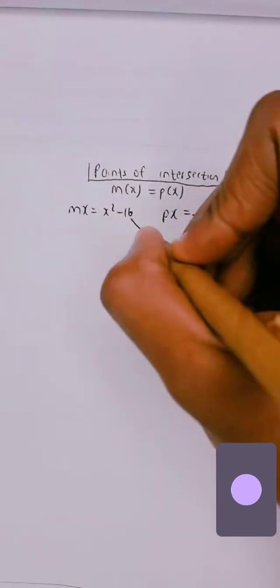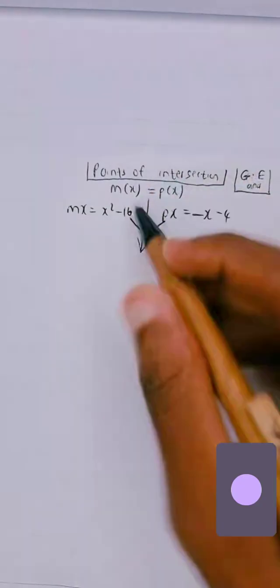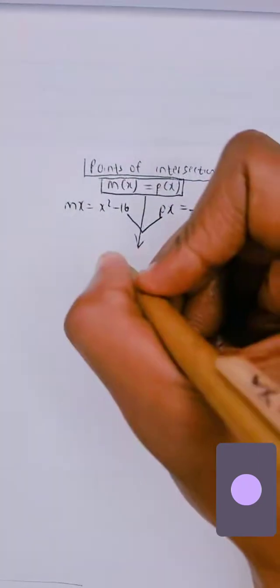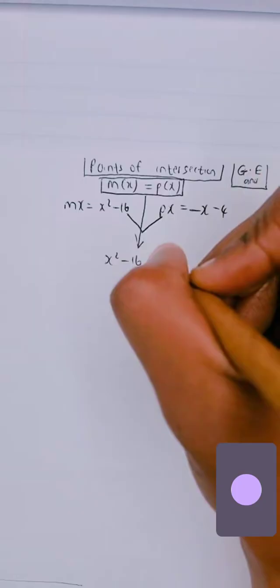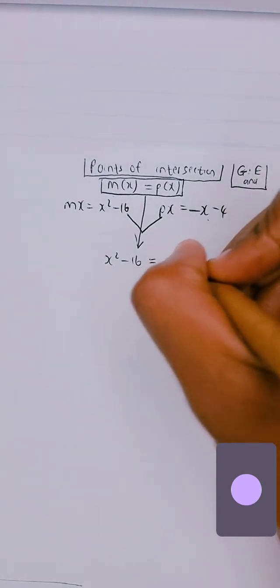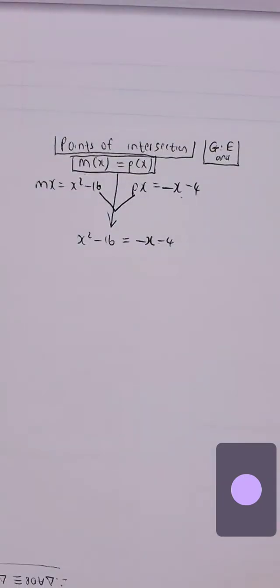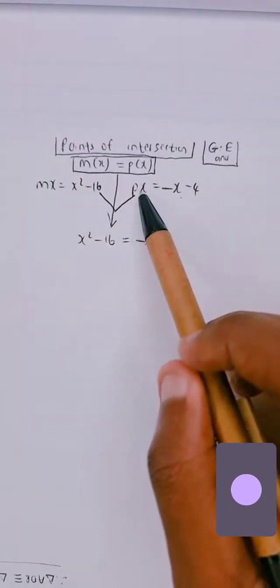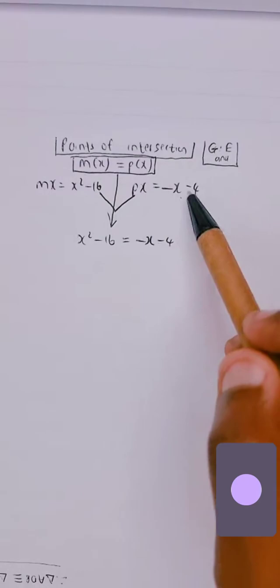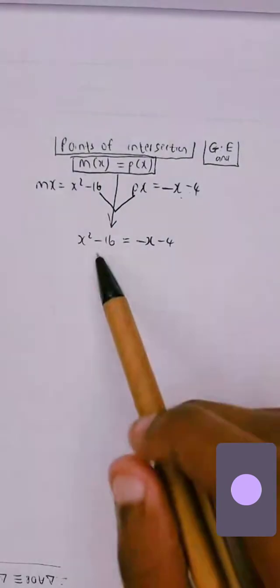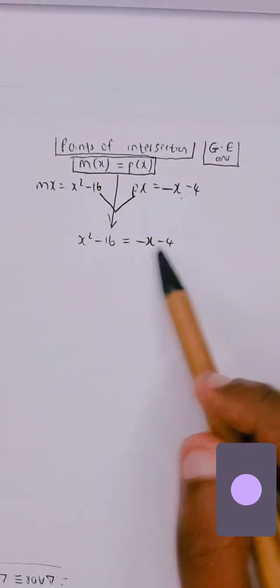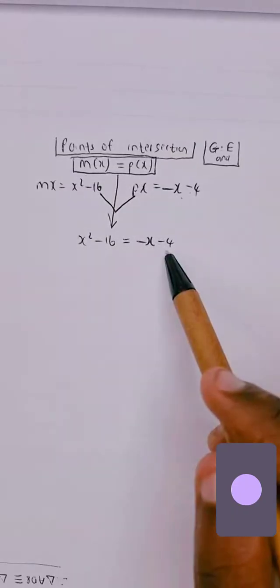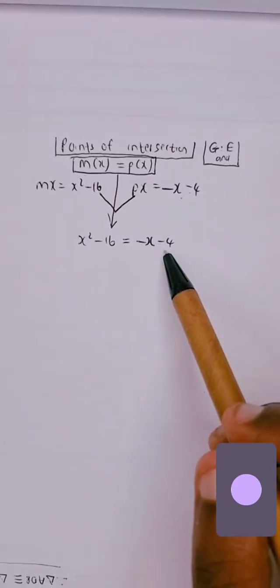So what we then do to apply this: M of X is X squared minus 16, P of X is negative X minus 4. So what can we do now? We equate and solve this equation. It's as simple as that.